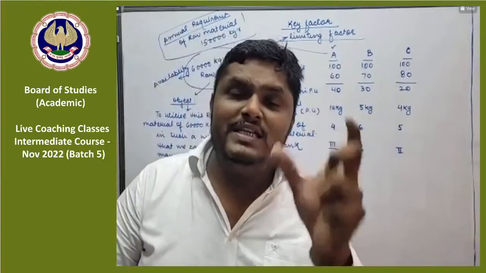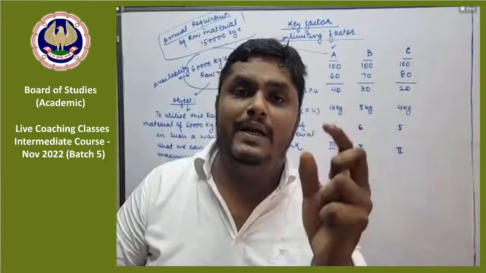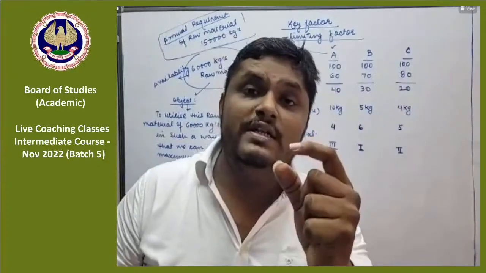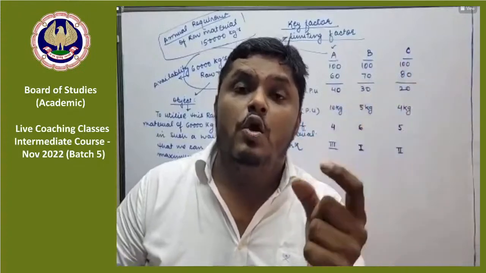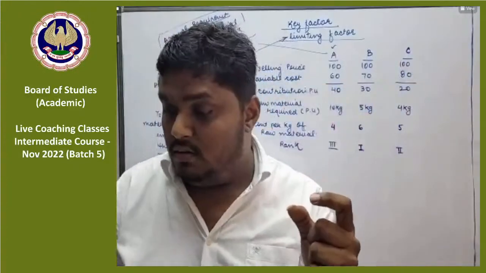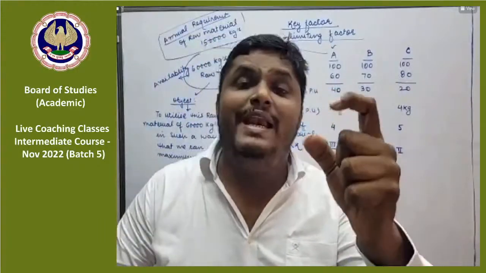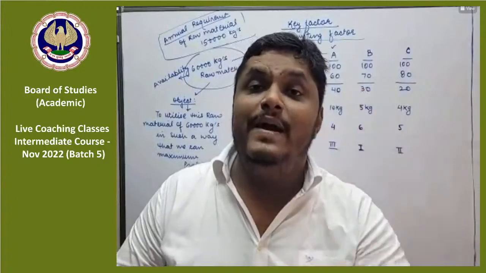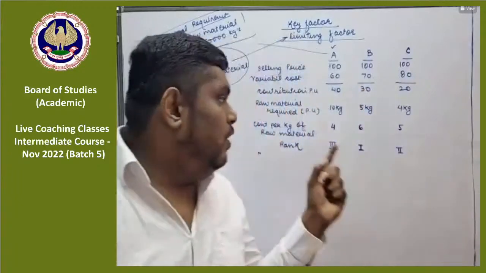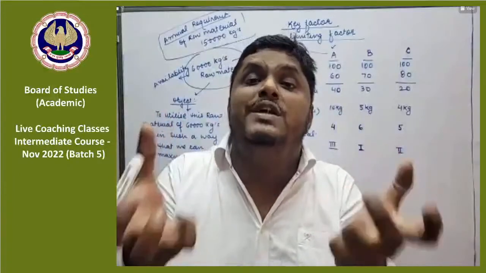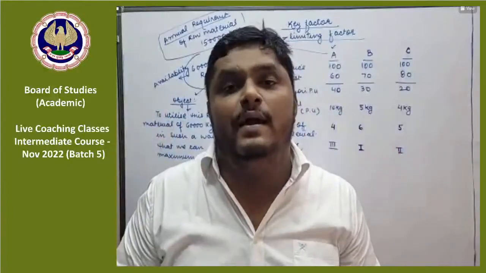Madhuri Nikare, yes, we should focus on the contribution, but here we have limited supply of raw material. So our decision should be based on the contribution per kg of raw material. So let's say if my labor hours are in limited supply, our decision should be based on contribution per hour, that is how much profit we are getting from every hour.